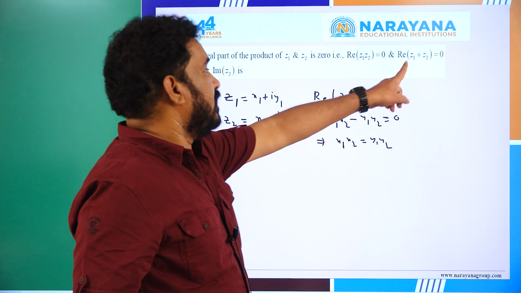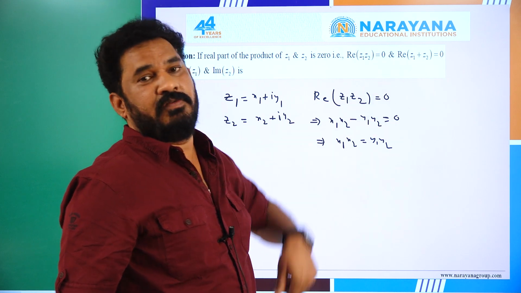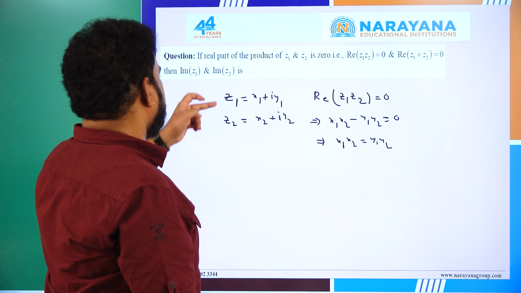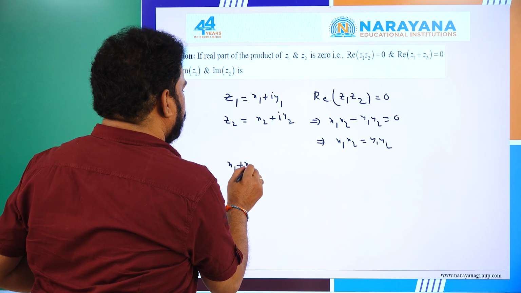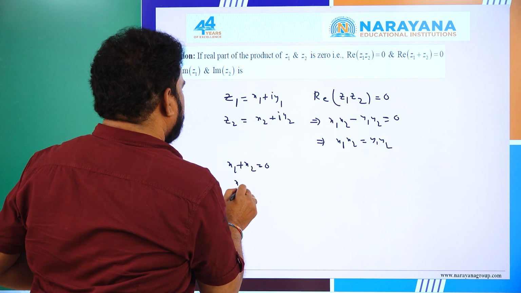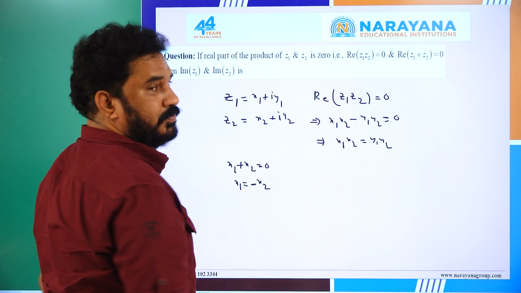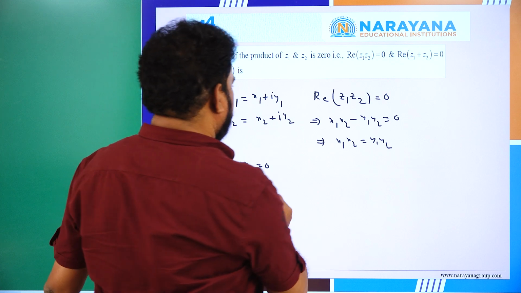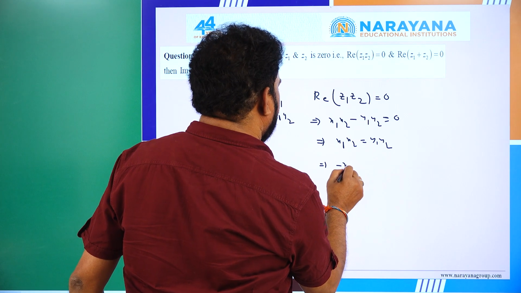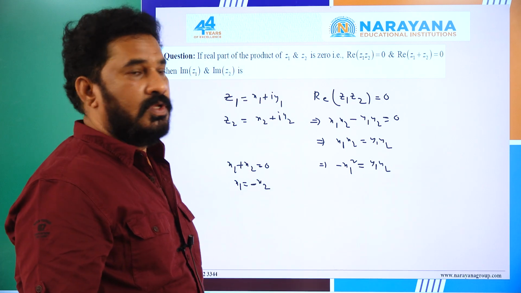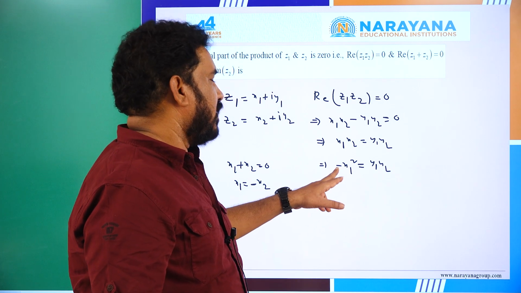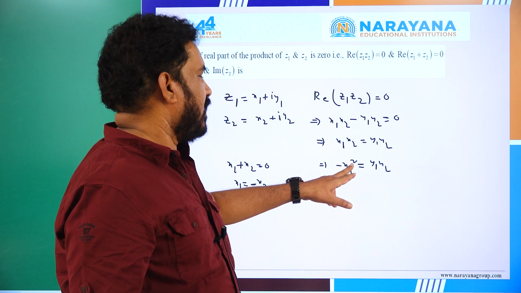One more condition was given: the real part of Z1 plus Z2 is also 0. So the real part of Z1 plus Z2 means x1 plus x2 equals 0, so x1 is equal to minus x2. Substituting this value, we get minus x1 square equal to y1 into y2. Minus x1 square is a negative value, since x1 square is always positive.